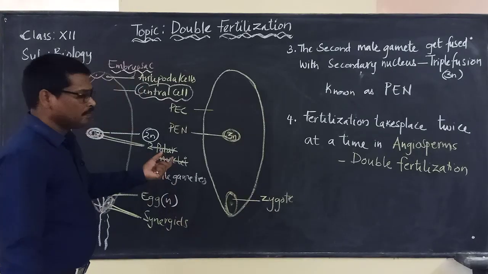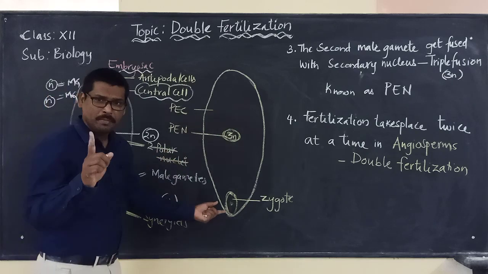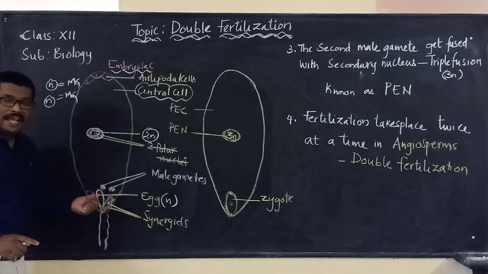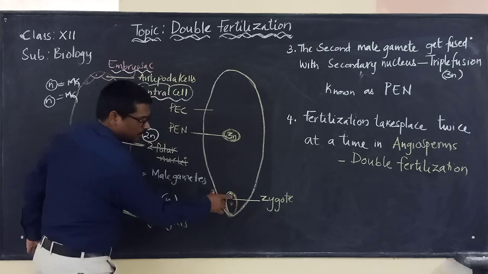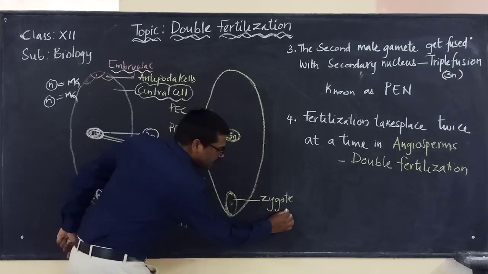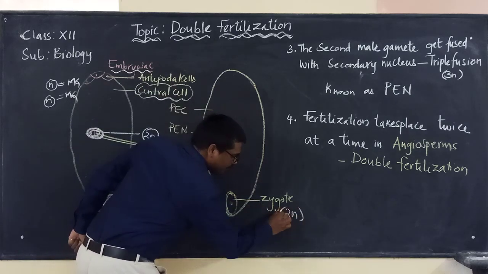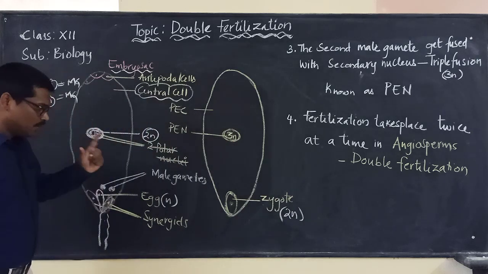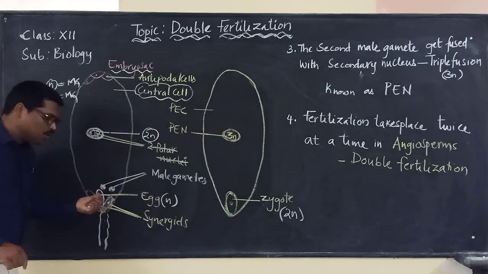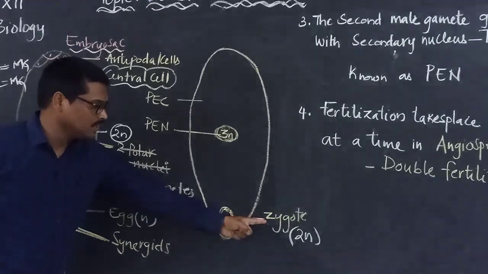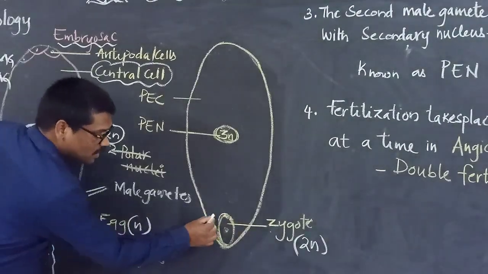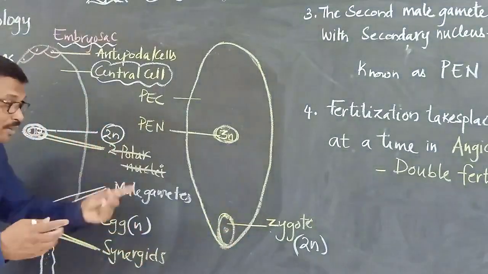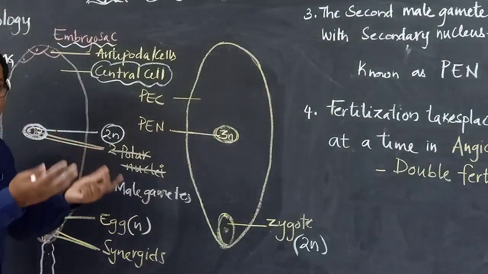So here we studied that one male gamete fused with the egg to form the zygote, which is a diploid cell. What happens to the synergids on either side of the egg? Before fertilization they are present.